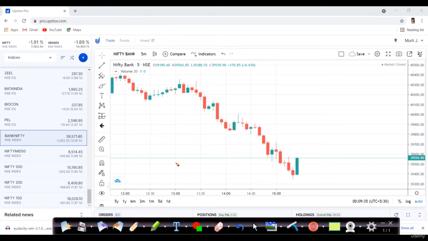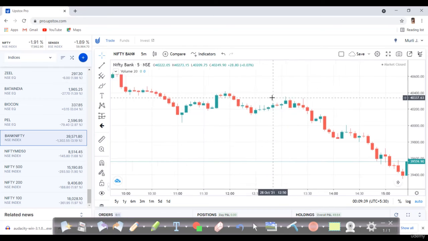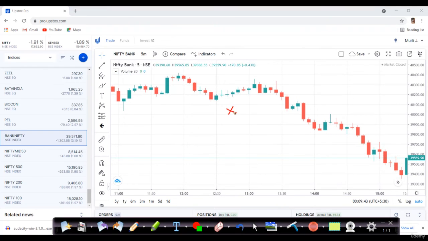Also if you see here, even with a doji candle, you will get an incorrect entry here. Incorrect in the sense that the stop loss was hit. Suppose this is the doji candle and you marked the high and the low of the doji candle. Now the market crossed this candle and above this candle we made the entry. But what happened is, from this point the market exactly reversed and our stop loss got hit.